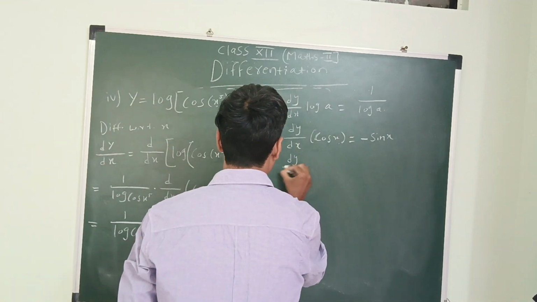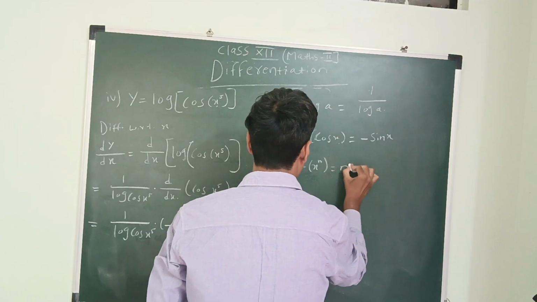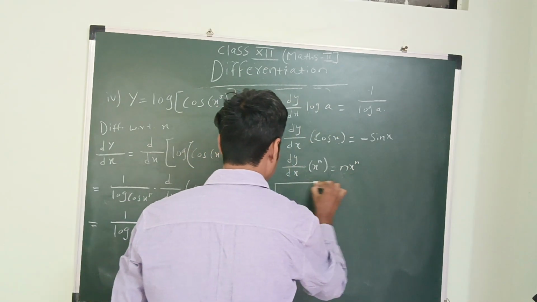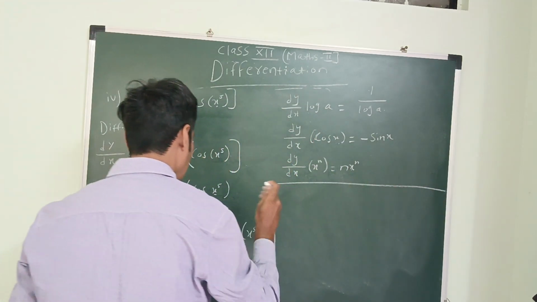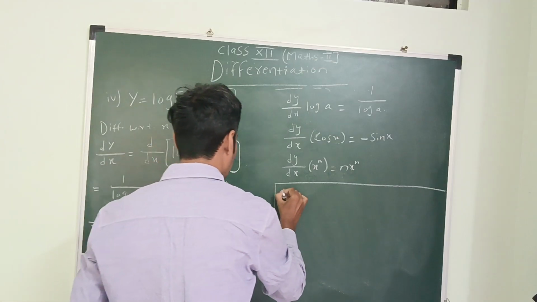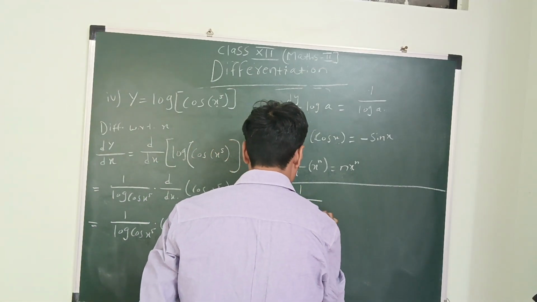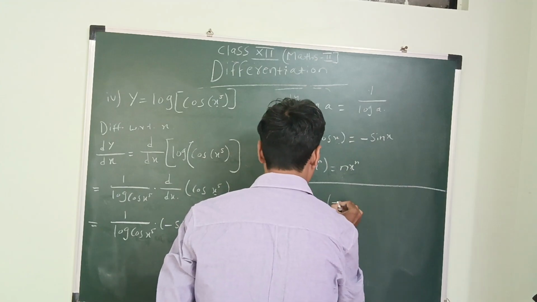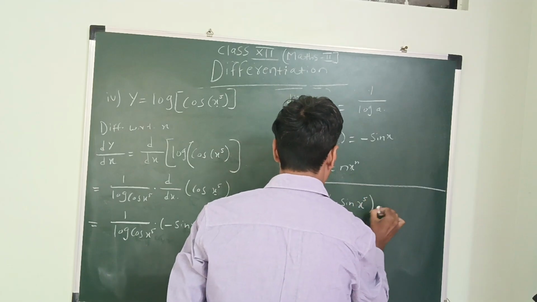What is the derivative for x raised to n? It is n x raised to n minus 1. So this is equal to 1 upon log cos x raised to 5 multiplied by minus sin x raised to 5.